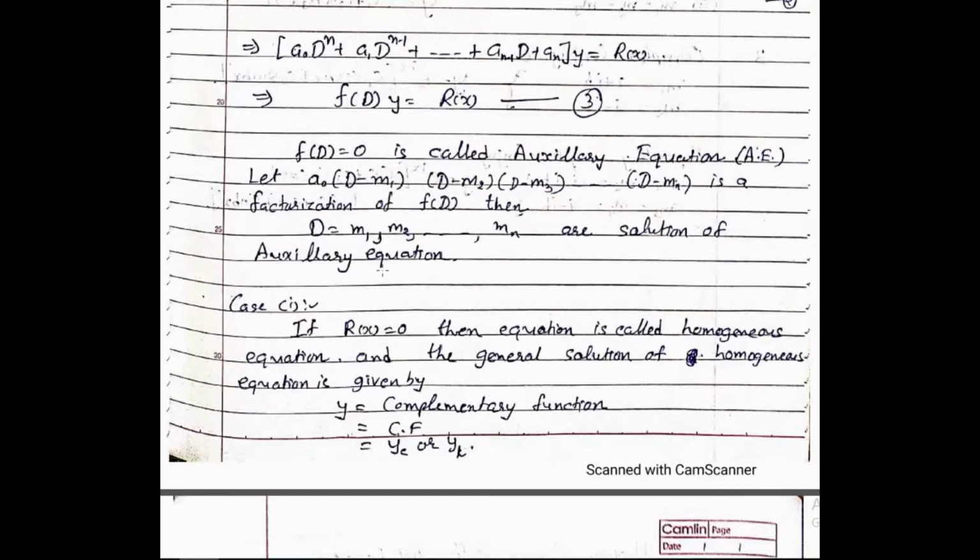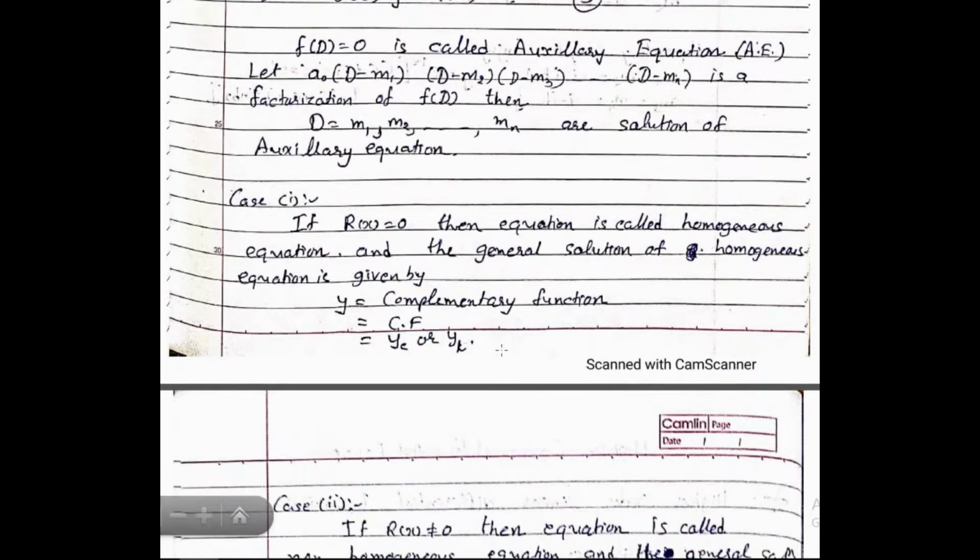Before going on to the roots of the equation, first we are going to divide our solution into two parts. That means it depends on the equation. If this r(x) is 0, then the equation is called a homogeneous equation, and the homogeneous equation has a solution y equal to the complementary function, written as CF, or as yc or yh.